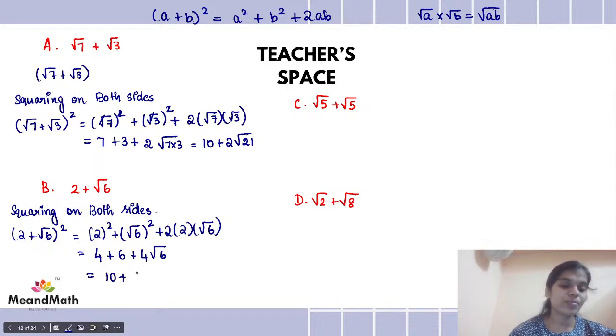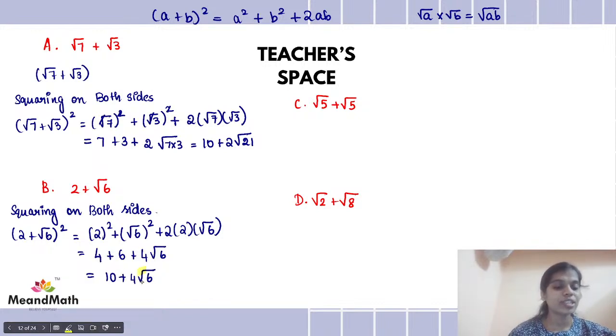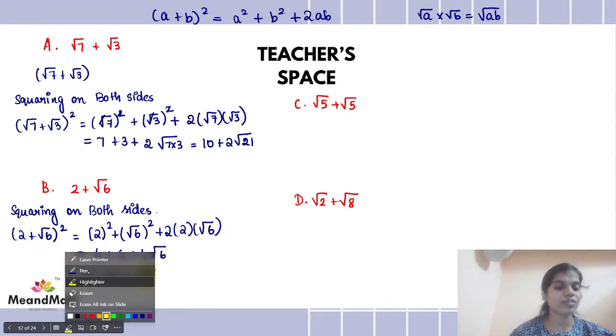That is 10 plus 4 root 6. Right? We cannot add these two terms as they are unlike. Why are they unlike? Because I have a square root number here. Which means I cannot add this 4 along with the 10.